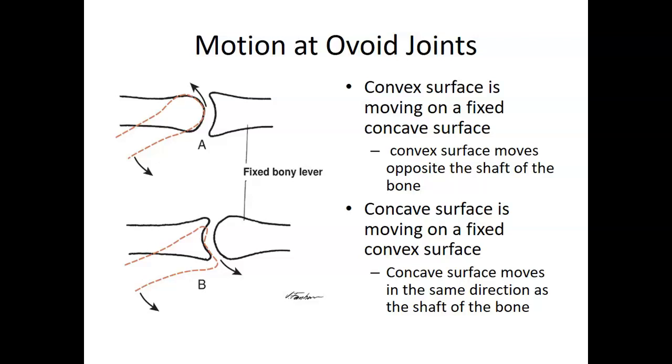So we're talking about motion at the ovoid joint. So we're talking about the joint that has a convex and a concave surface. The convex surface, if the bone with the convex surface is moving on the concave surface, like on the top there, as the bone moves down, the convex surface actually glides up.